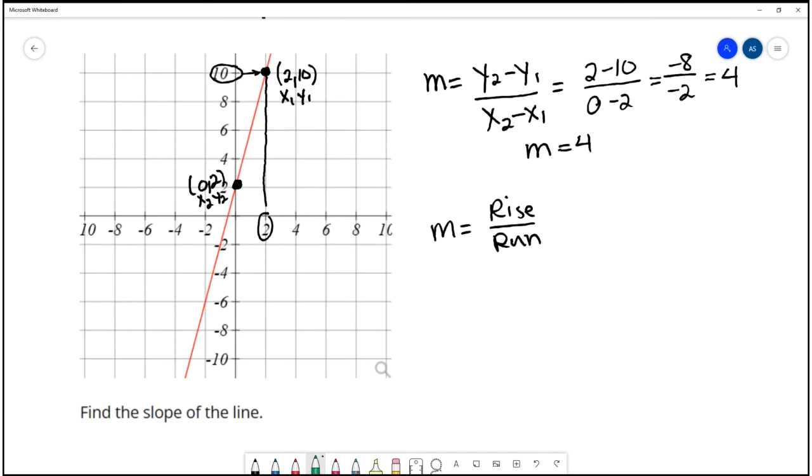So what I'm looking for is how much do I go up from this point to this point, and these tick marks are going by 2, so this is 2, 4, 6, 8. I'm going a rise of 8, and how much am I going horizontally from this point to this point? And these tick marks go by 2, so that's 2 horizontally. 8 over 2 is 4.